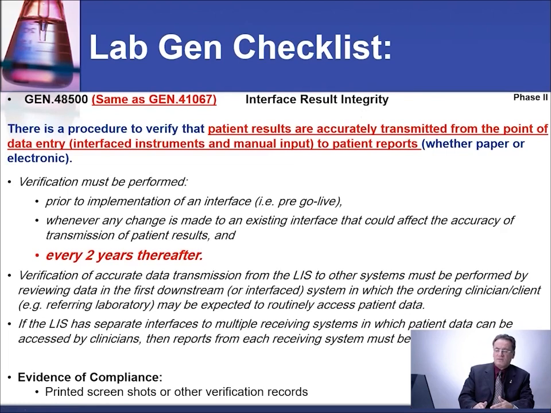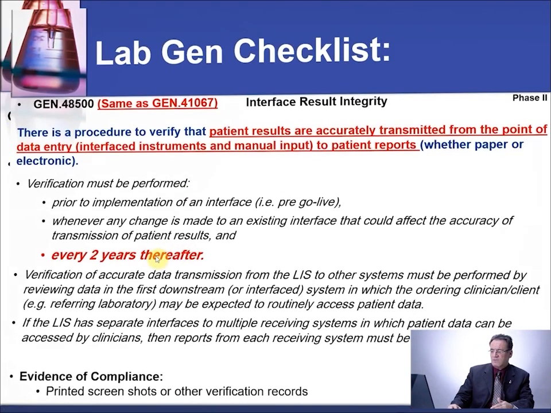So you can take a couple of examples to verify, or you can take examples from 41067 for this one, or you can say it's the same as 41067. Again, this needs to be done every 2 years.